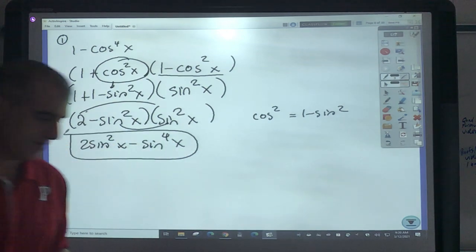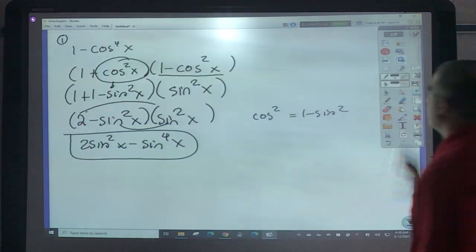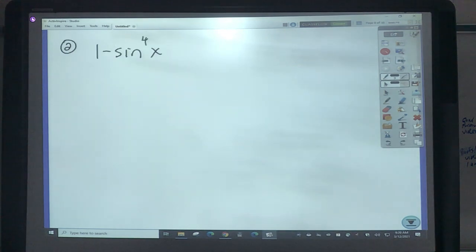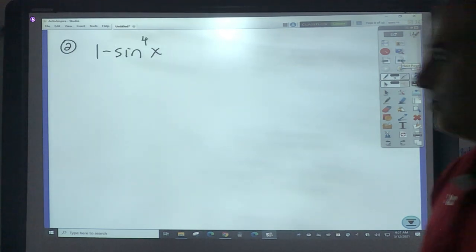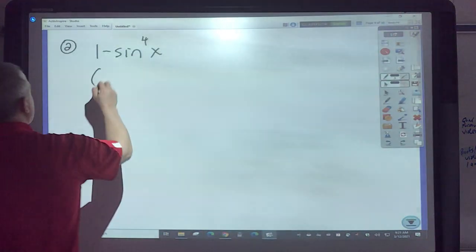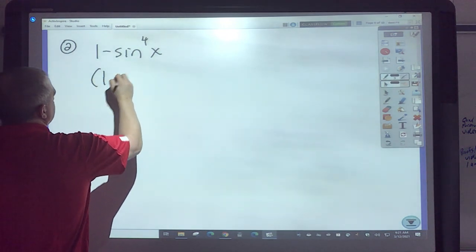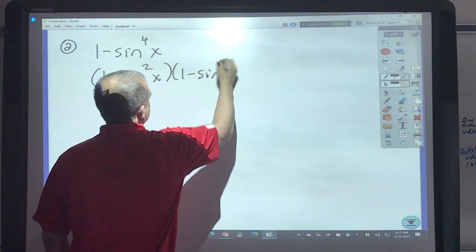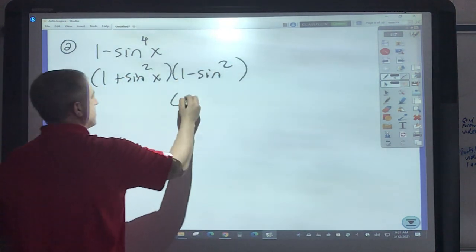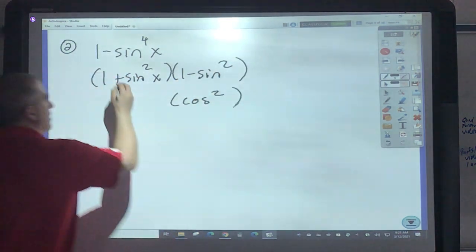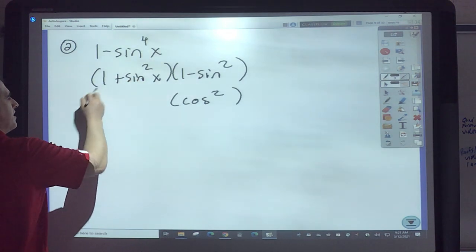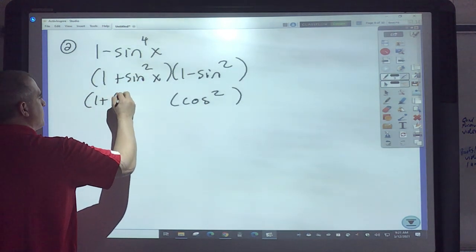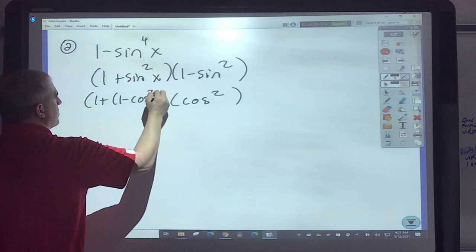Let's do one more of those. I would do 1 plus sine squared, 1 minus sine squared. I know that this is cosine squared. I know this one's not perfect, but I would put 1 minus cosine squared into here.